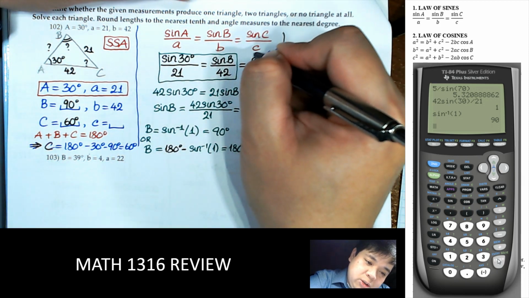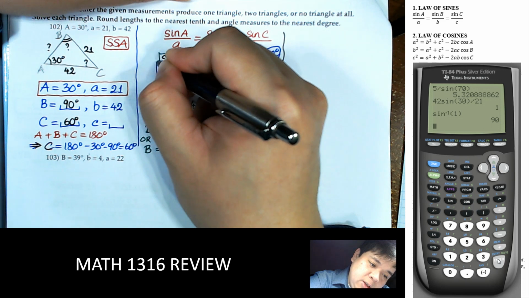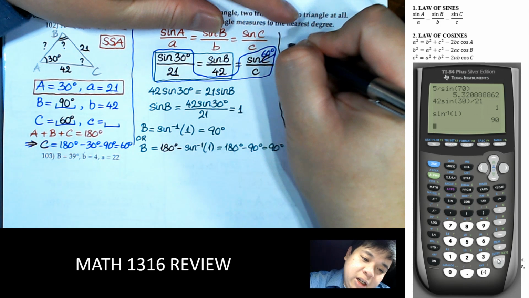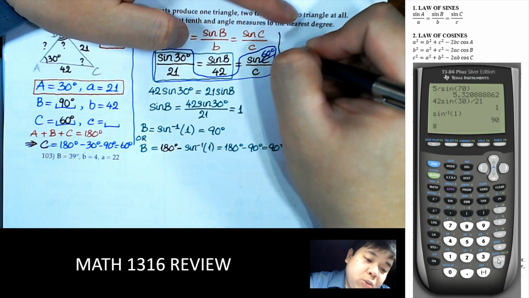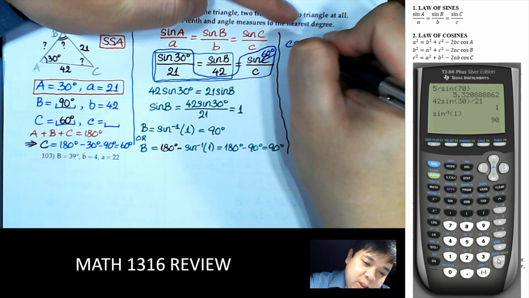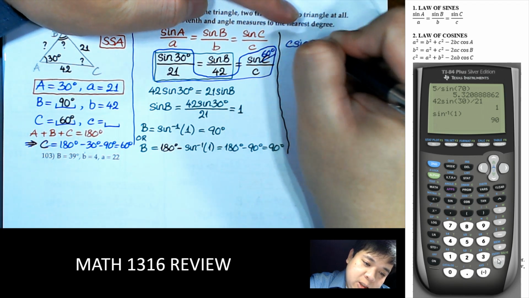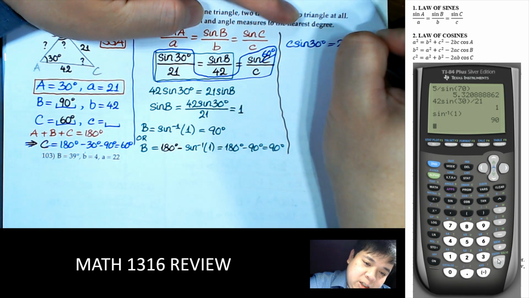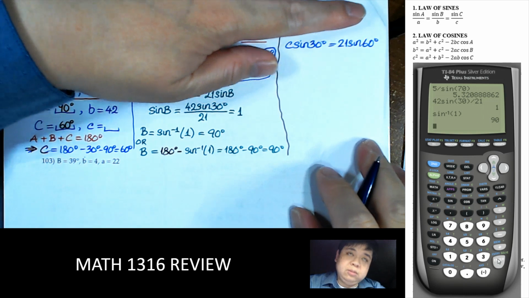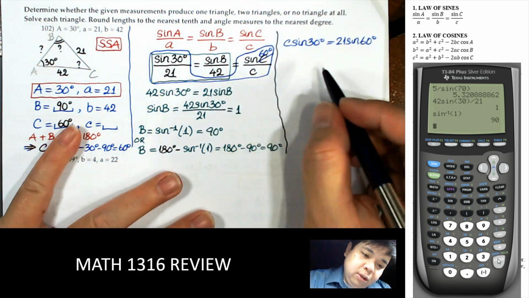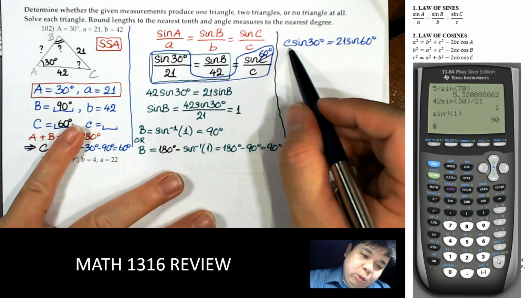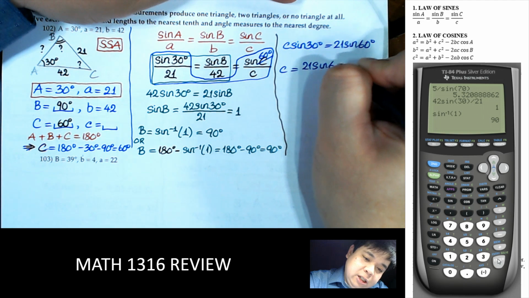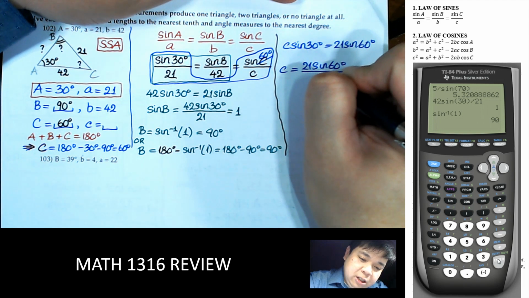Right. Now we just need to find the side little c. Let's use this ratio, the first and the last ratio. Cross multiply: c times sine of 30 degrees equals 21 sine of 60 degrees. And we solve for c, so c equals 21 sine of 60 divided by sine of 30.